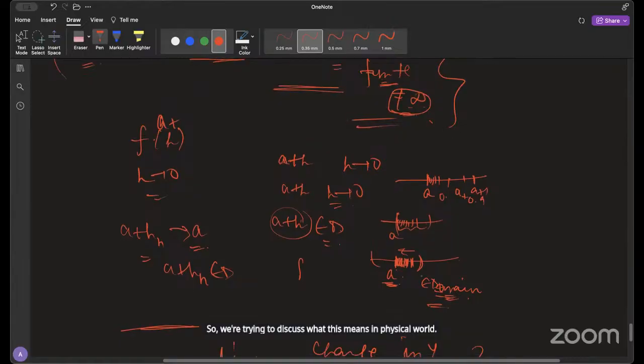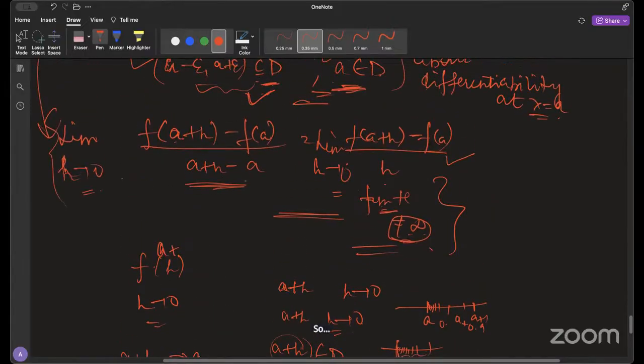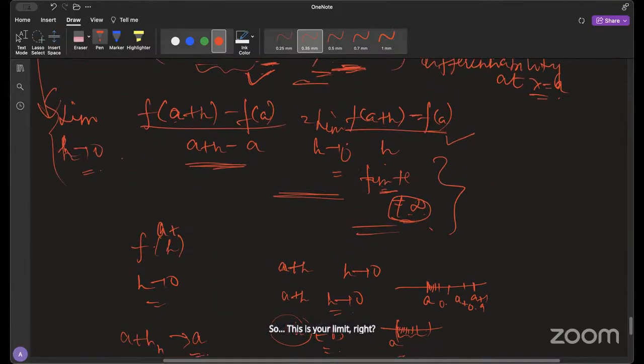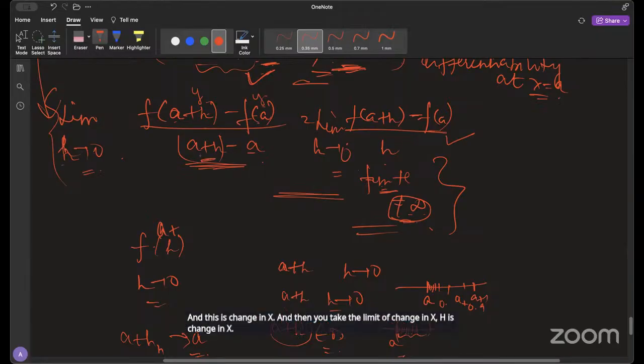So this is your limit, right? And this is your y. So this is change in y, and this is change in x. And then you take the limit of change in x. h is change in x, a plus h minus a.